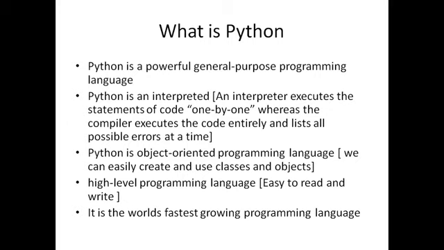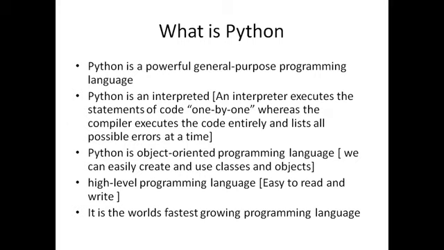Python is a powerful general purpose programming language. Python is an interpreted language. Why? Because C++ takes a two-step approach, where the source code is first compiled and a compiler then produces an executable file.